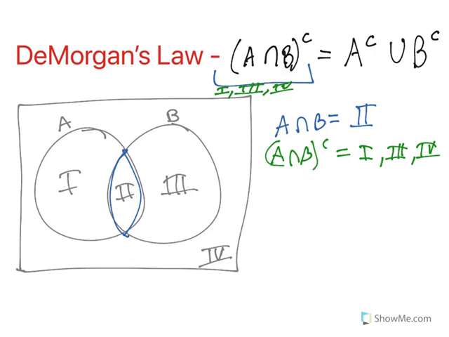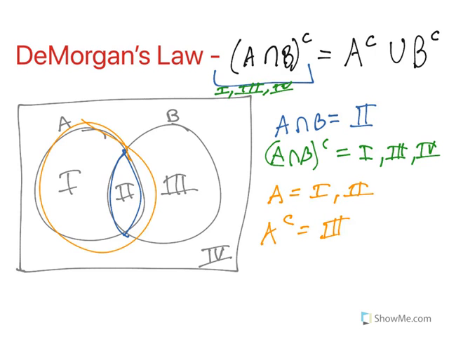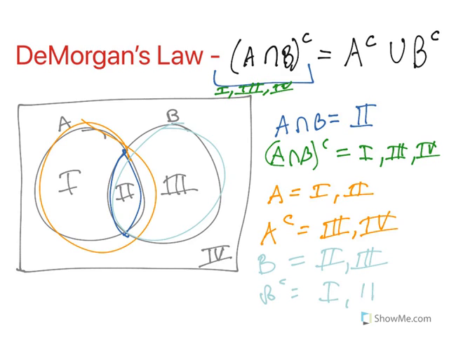Great. Okay, so now let's talk about A complement. We know that A is just section 1 and 2, right? So that means A complement is 3 and 4, because remember, the idea of complement is everything else. B is 2 and 3, so B complement is 1 and 4.